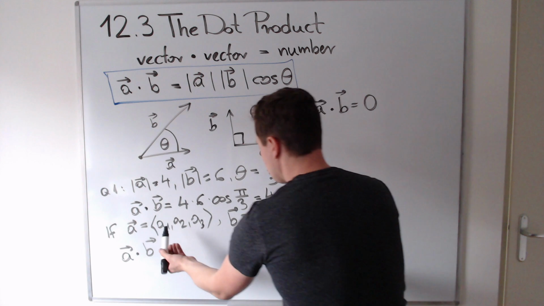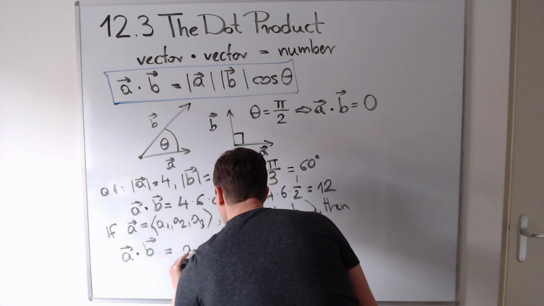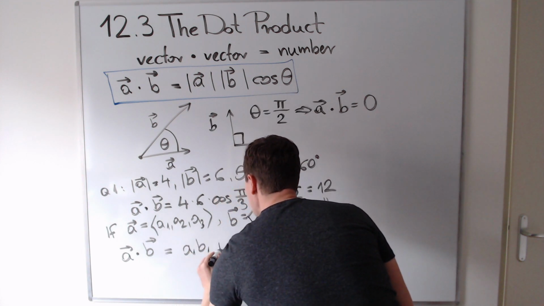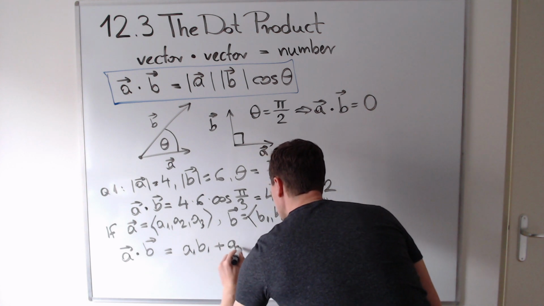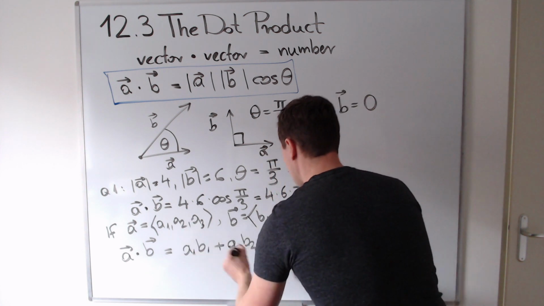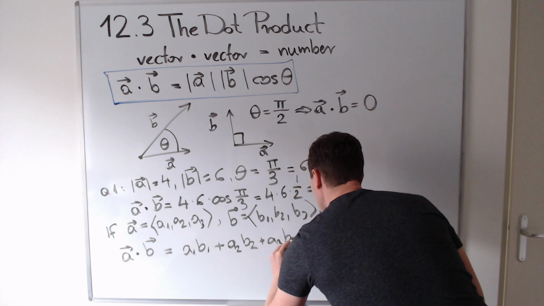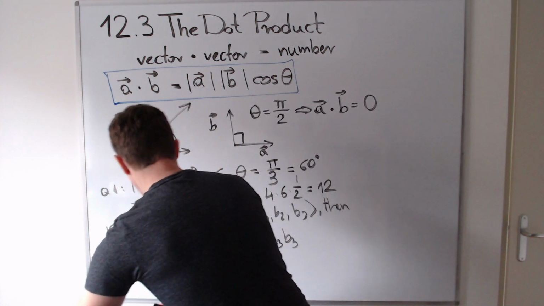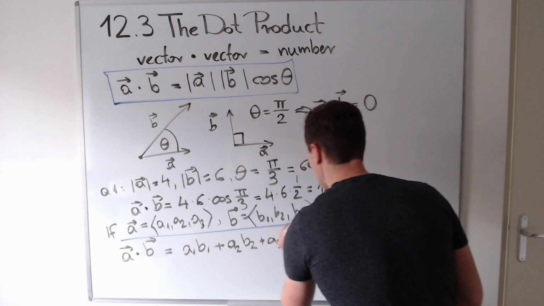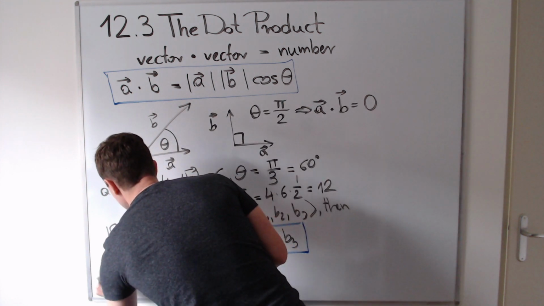You take the product of the first two components, add to that the product of the second two components, and add to that the product of the third two components. And so this way you again obtain the dot product of the two vectors.